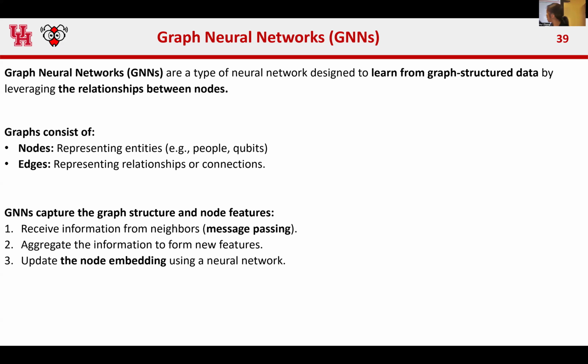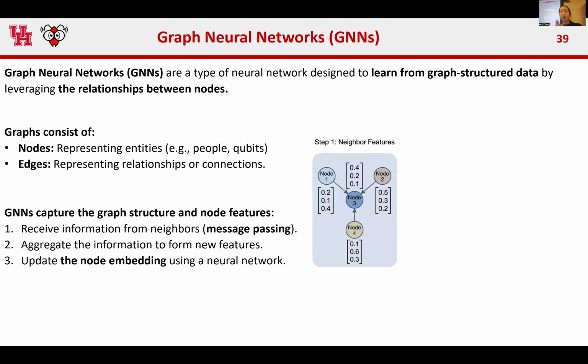Here are the basic steps of a GNN, showing how it captures the graph structure and node features. I'll give you an example to understand that. Here we have 4 nodes, and each node has its own features. Nodes 1, 2, and 4 are the neighboring nodes of node 3.